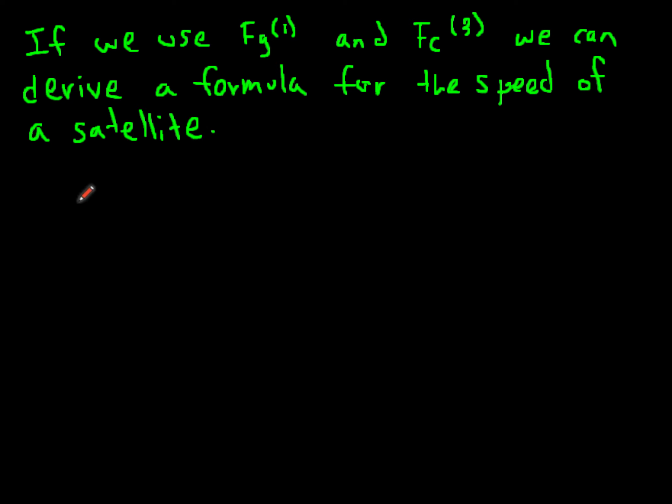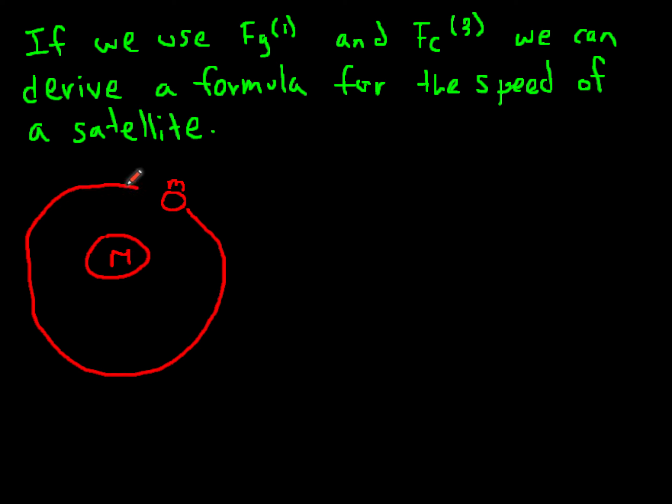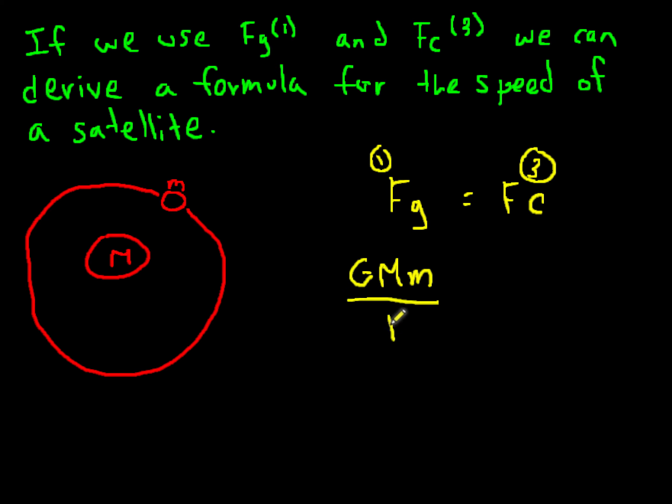So again, we're going to use capital M to show the mass of a planet and little m to show the mass of the object that's doing the orbiting, or the mass of the satellite itself. So Fg equals Fc. This is formula 1 and 3 we're looking at this time. G, capital M, little m over r squared equals little m v squared over r.